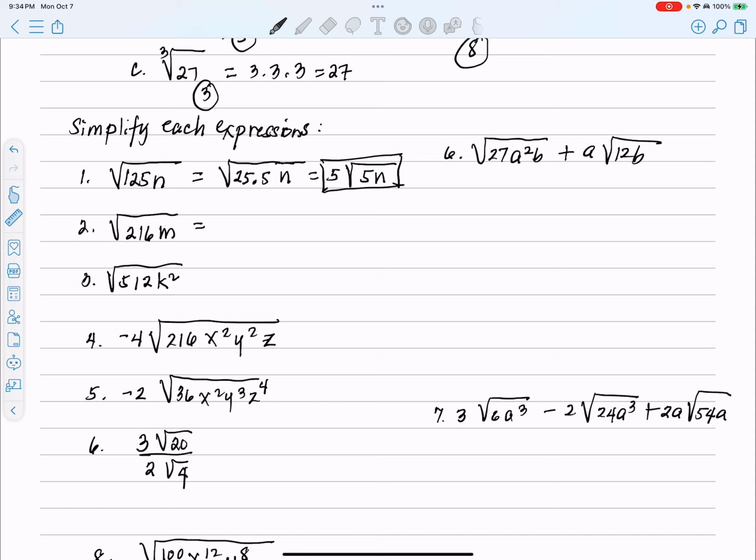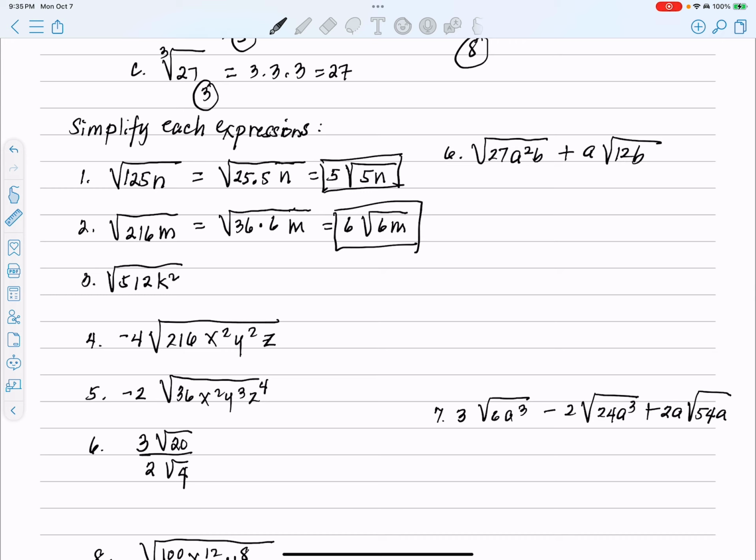I could go higher by dividing 216 by 6. And I could get 36 and 6 as factors. So the square root of 36 is a perfect square. So we take out the square root of 36, which is 6, times the square root of 6m. And this is already in simplified form.